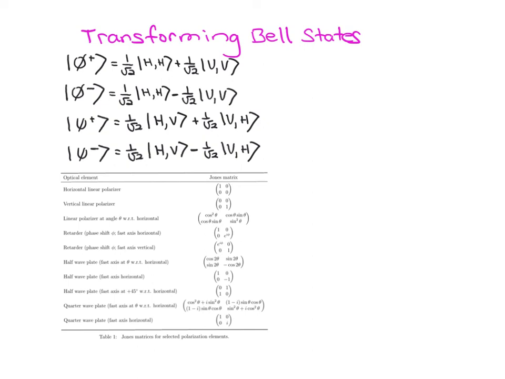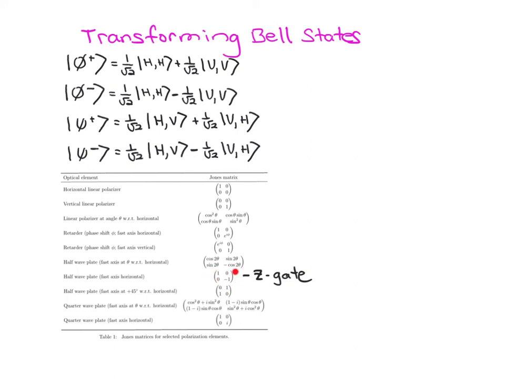So if we look at our table of Jones matrices from the polarization tutorial, I want you to focus on this one here, which is obtained by taking a half-wave plate and orienting it with its fast axis horizontal. And in the world of quantum computing, this sort of transformation, a matrix that looks like this, is known as a Z-gate.